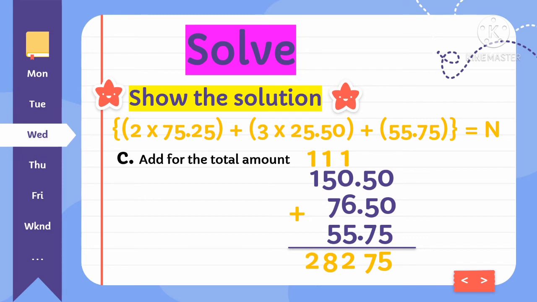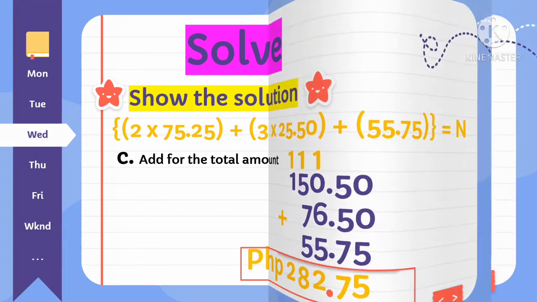And 1 plus 1 is 2. Then, hindi natin bibilangin ng decimal places dito, kundi i-align lang natin kung saan nakahanay ang decimal point. So, dito, sa pagitan ng 2 and 7. So, ang ating total amount is 282 pesos and 75 centavos.